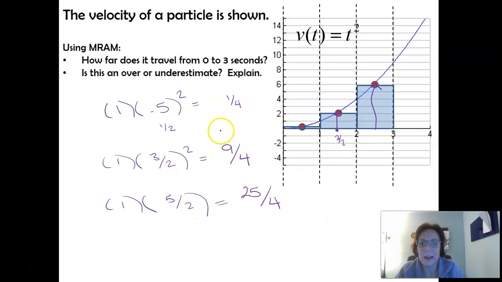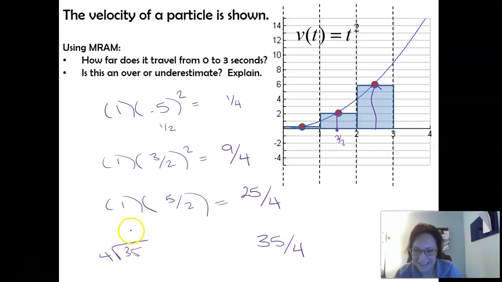So now let's see. I've got 9, 10, 35/4. So that is just shy of 9, right? So if you take 35 and divide it by 4, who likes long division? It's going to go in 8 times, right?